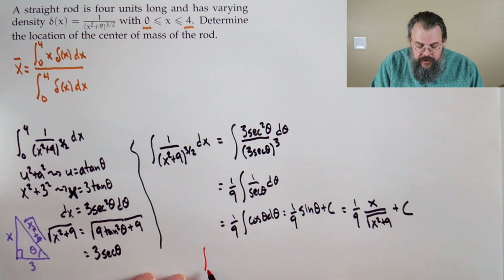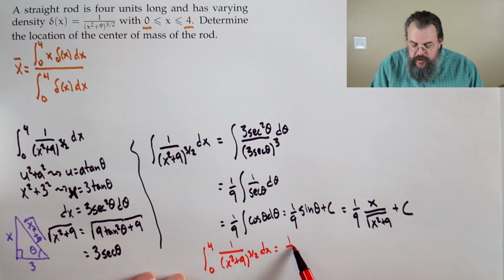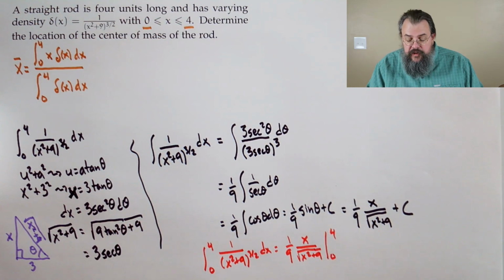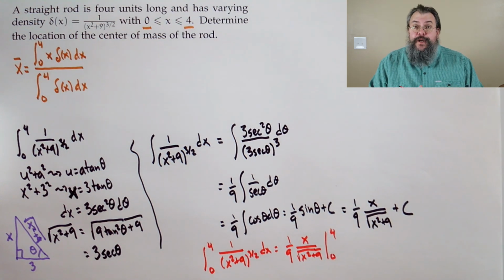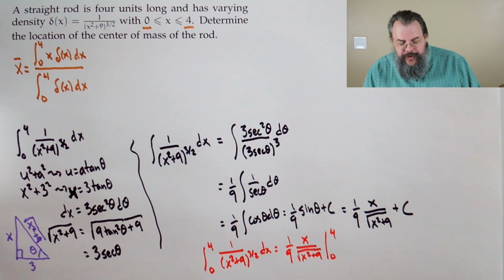So our integral from 0 to 4 of 1 over x squared plus 9 to the 3/2 dx is 1/9 times x over the square root of x squared plus 9, evaluated from 0 to 4. The nice thing is when we plug in 0, we get 0. Woo! Nice!